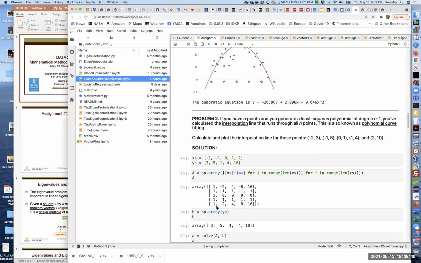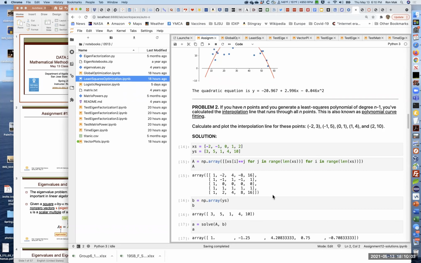If you remember your high school math, any number to the 0th power is 1. So this is really x to the 0th power, 1st power, 2nd power, 3rd power, 4th power. It's actually very, very consistent. And here's the b, which is the y's.